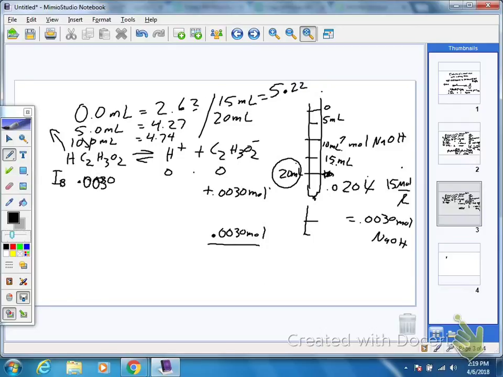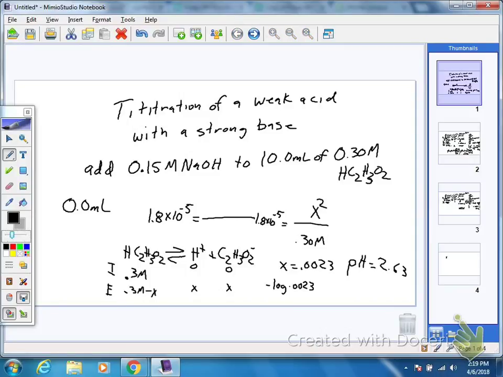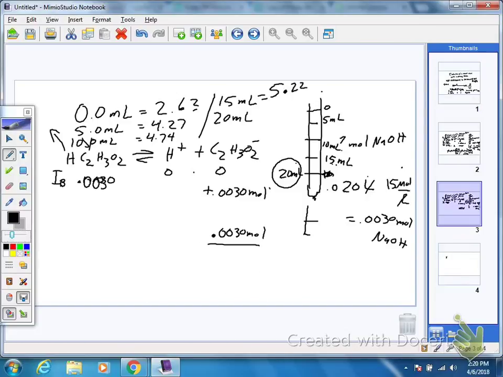And if you remember, we started with 10 milliliters of acid. So that's a total of 30 milliliters. The 20 that we added of the base and the 10 of the acid. So that's a total of 0.030 liters.